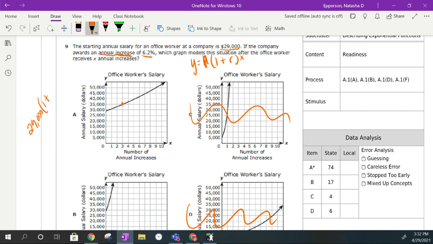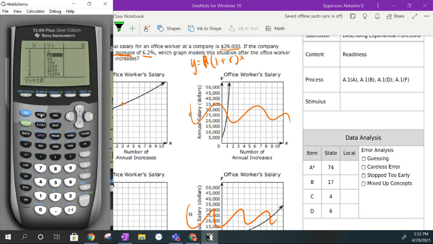Then 1 plus, I need to change that 6.2 into a decimal. So 6.2 divided by 100 gives me 0.062, and then that would be to the power of 3. So that would be 1 plus 0.062, so that gives me 29,000 times 1.062 to the power of 3.